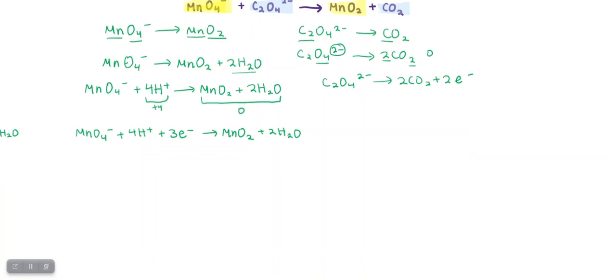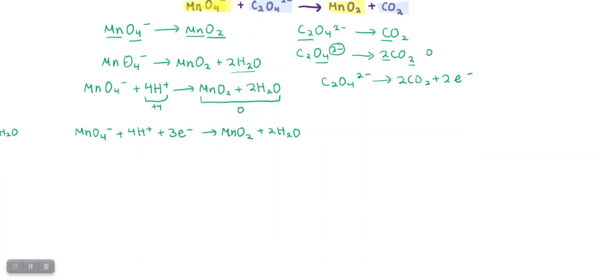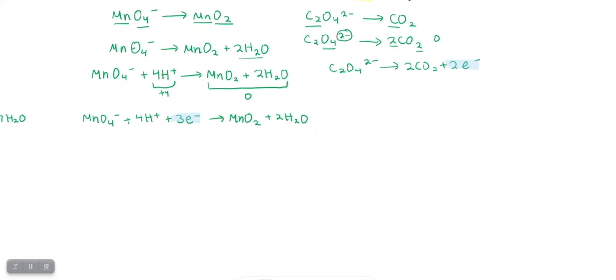Okay, our next step is to multiply these electrons so that they cancel each other out. So we have a 3 and a 2, so we know that the least common multiple is a 6. So I need to multiply this equation by 2 and this equation by 3.